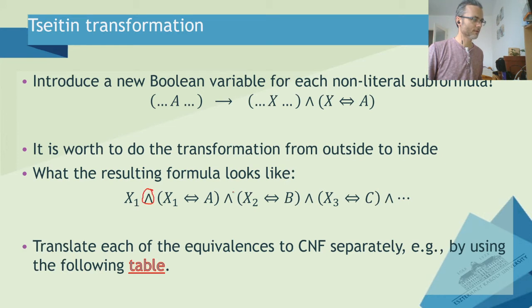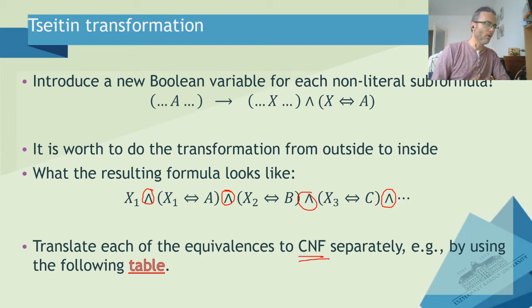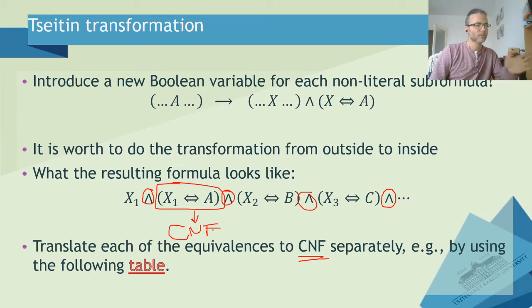The outermost operators are all conjunctions, so it's almost a CNF. We only need to translate the equivalences to CNFs. Then you plug this CNF in, and that's it.